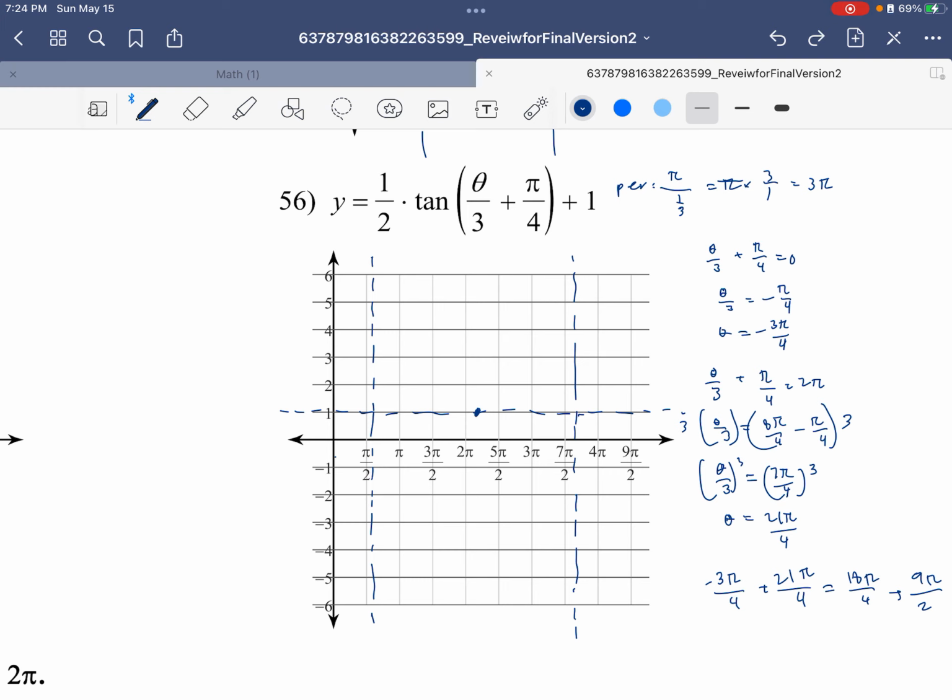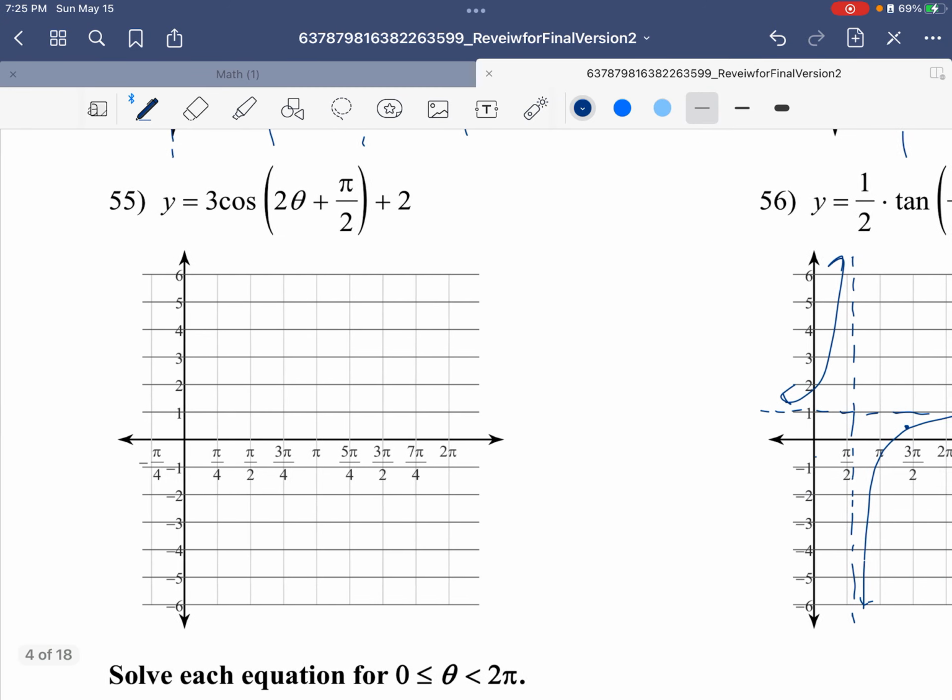That's how I got my asymptotes. And now the distance between this point and the asymptote, we're going to find it, which is like here-ish, and we're going to move up 1/2, because that is our amplitude. Halfway through these points, move down 1/2. And so we have this graph. Okay, and our graph over here is going to be something like this. Don't know the exact points for sure, but that's how you do that.